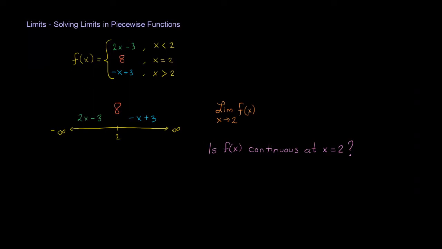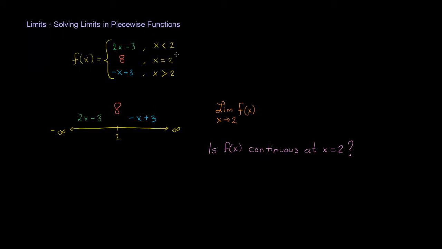First I have to see this limit of f of x when x approaches 2. We have the number 2 in the center of the line, and to the left of 2 we have the function 2 times x minus 3, and on the right we have negative x plus 3.